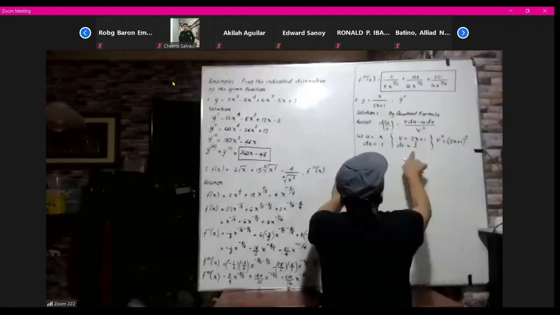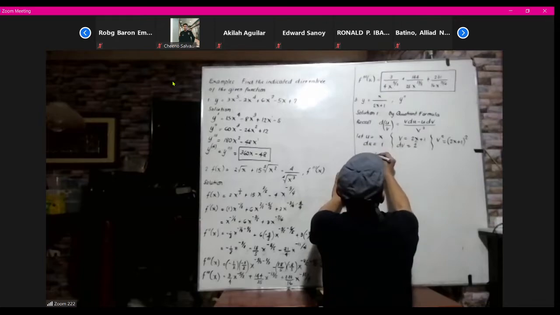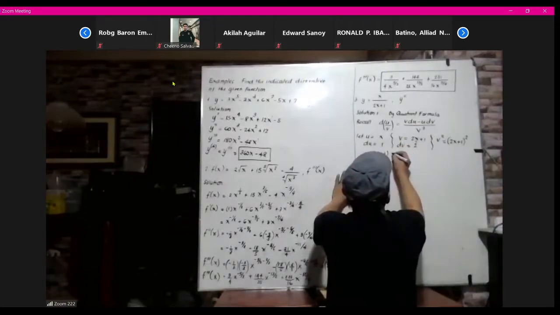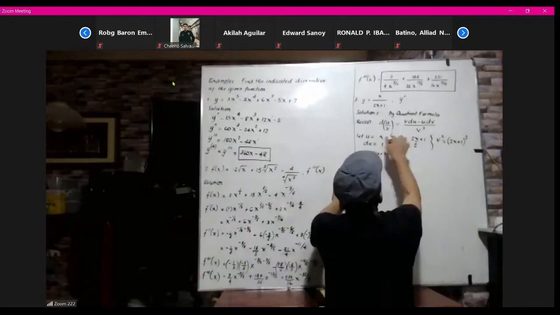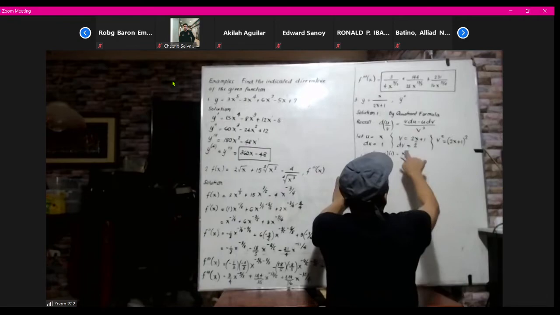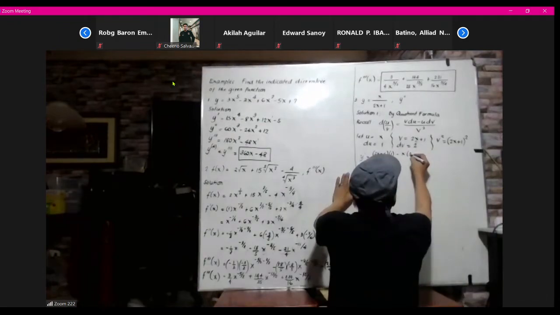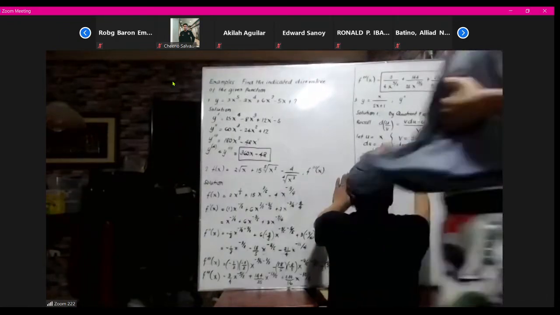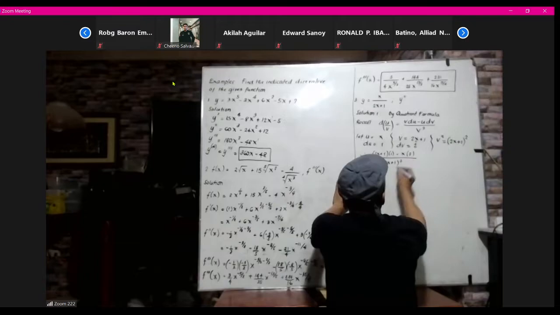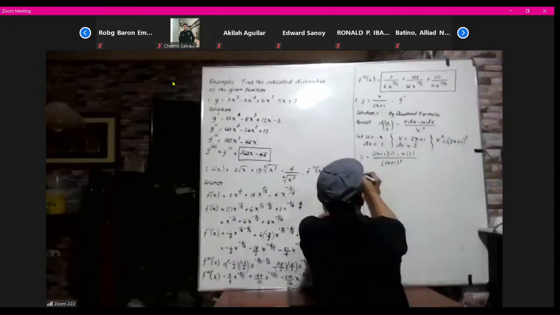Ano yung v natin? 2x plus 1. Then du, ang du natin is 1. Then minus, ano yung u natin? X. Multiplied now by dv. Ang dv natin is 2. All over v squared. 2x plus 1 square. Okay, so simplify natin.